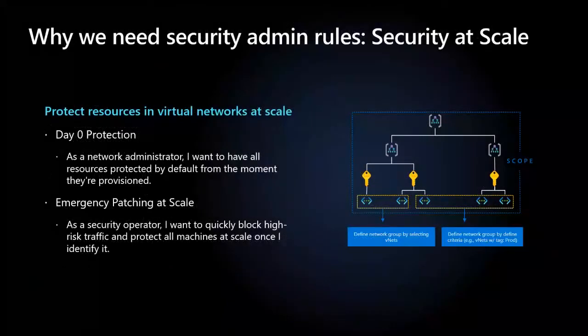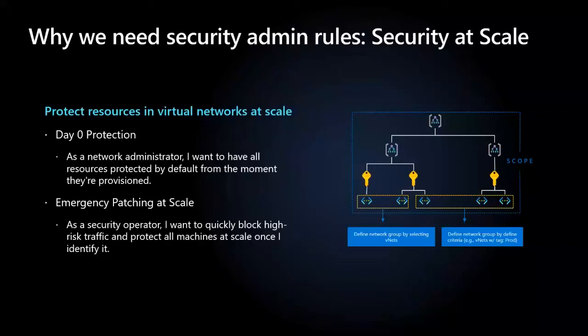And another reason you want to use secure admin rule is that this is security at scale. What it means is that you can easily create day zero protection for your environment. So remember, network admin rule can be applied at the VNet level.